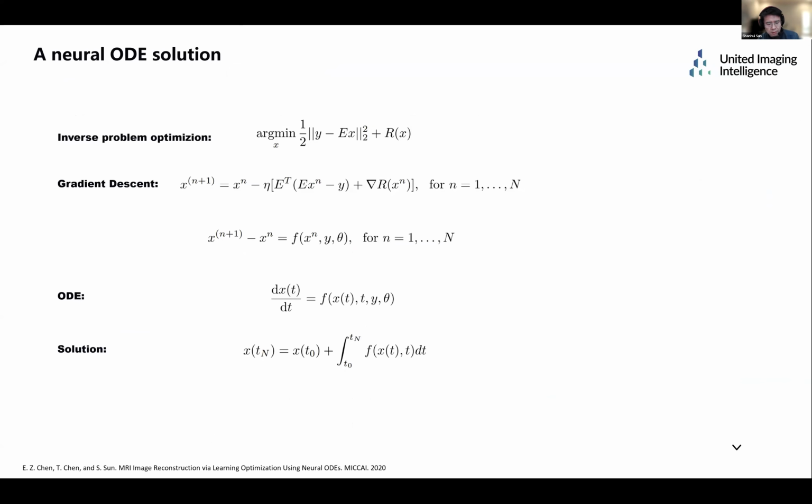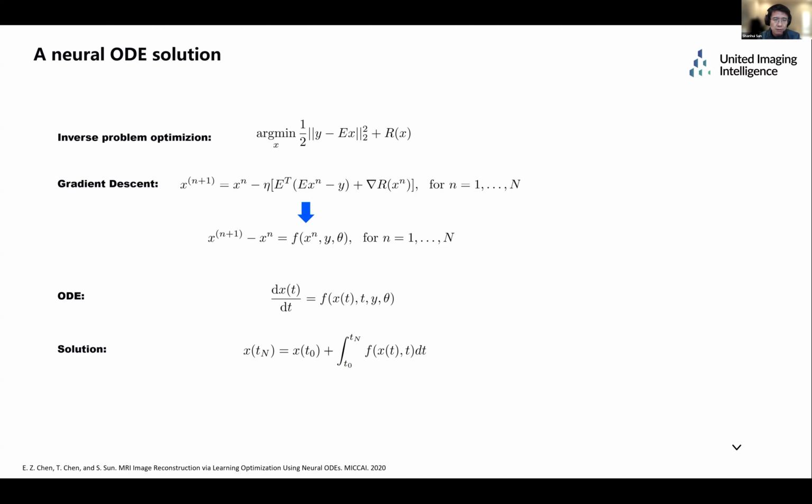Next, I would like to cover how we use a neural ODE to solve the MRI reconstruction problem. I already explained that we could utilize gradient descent to solve the inverse problem for MRI reconstruction.